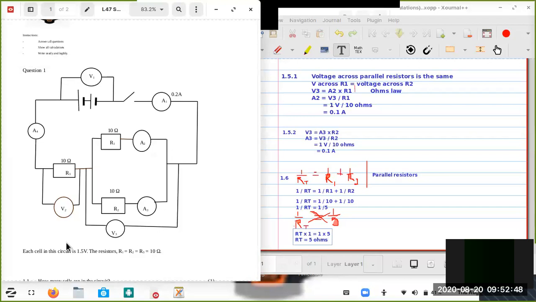So we now have two resistors that are in series connection: R3 and the total resistance that replaced R1 and R2. Since the resistors are in series, we are going to add the two resistors.